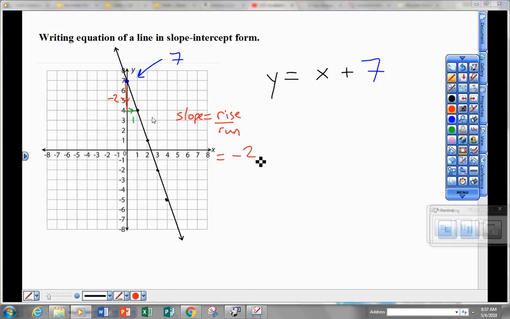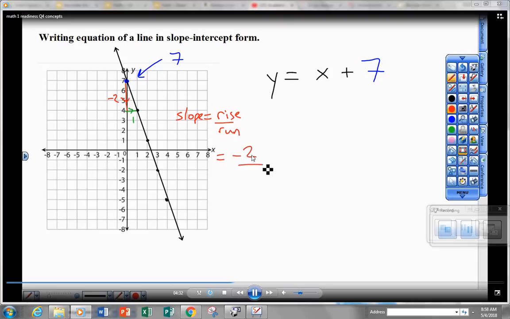So change that to negative 3 right there. So that number, that negative 3 over 1, which is equal to negative 3, goes right in front of x. So that is negative 3.